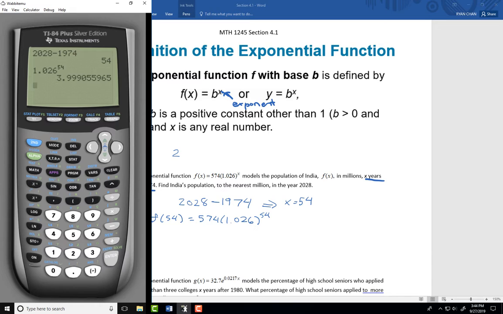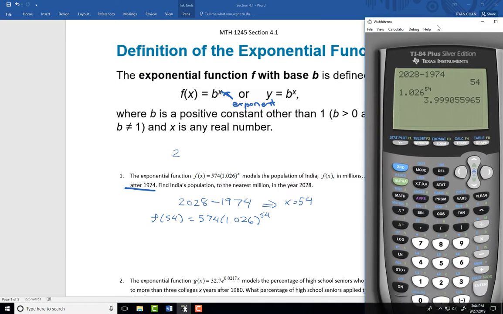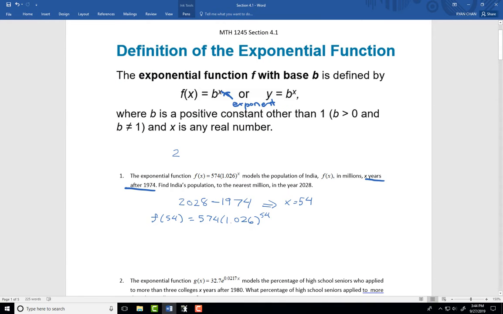So I'll write that down. It's 574 times 3.99055965. Remember, I'm not going to round until the very end, and then I'll multiply this by 574.